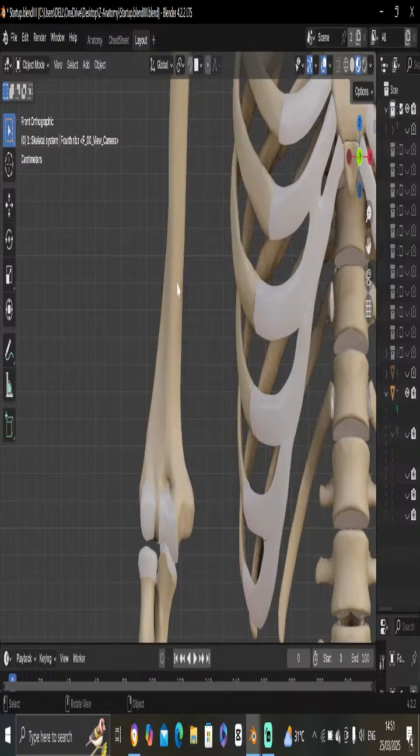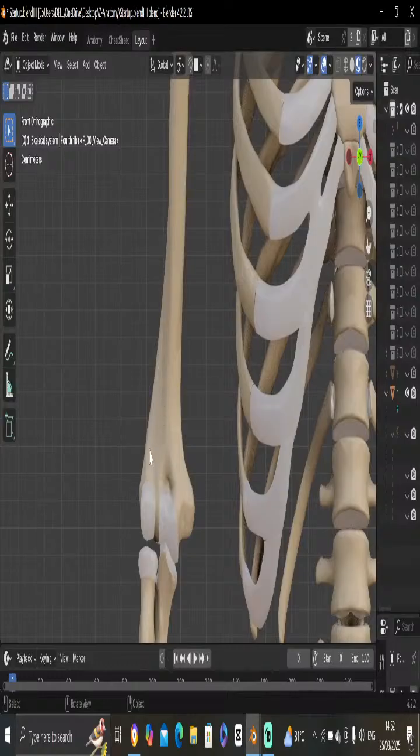In between these supracondylar ridges, there is the point of origin of a muscle known as the brachialis muscle. It originates from here, the brachialis muscle.